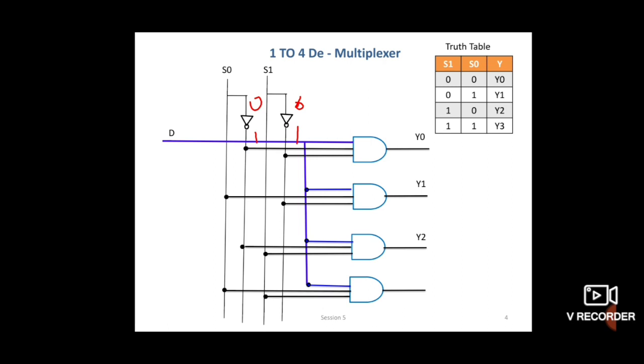Understood, student? How the demultiplexer is working? A demultiplexer is one to many, a multiplexer is many to one.